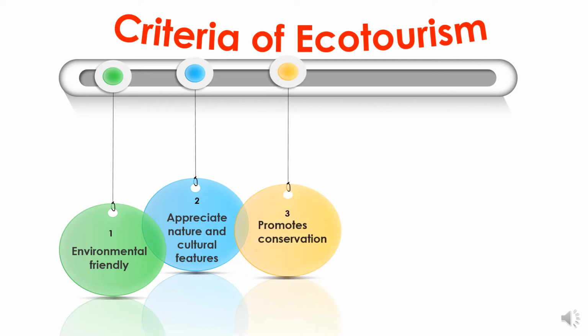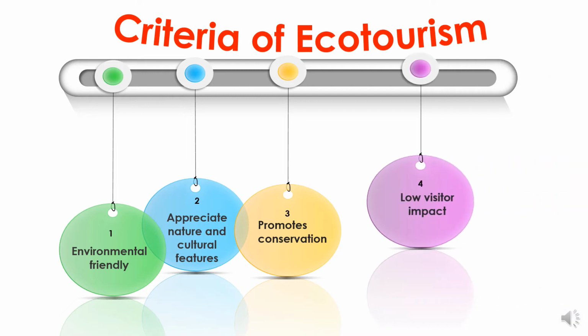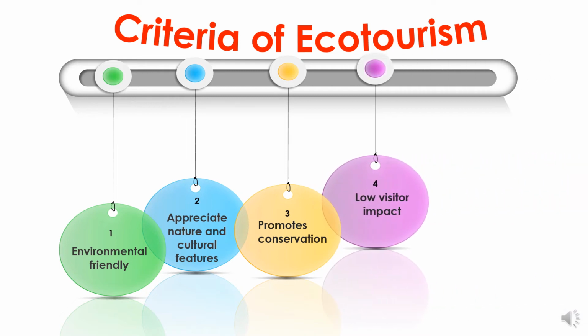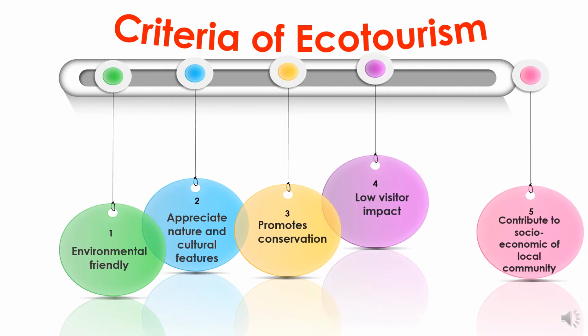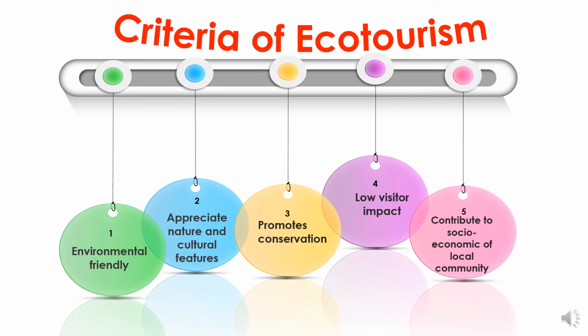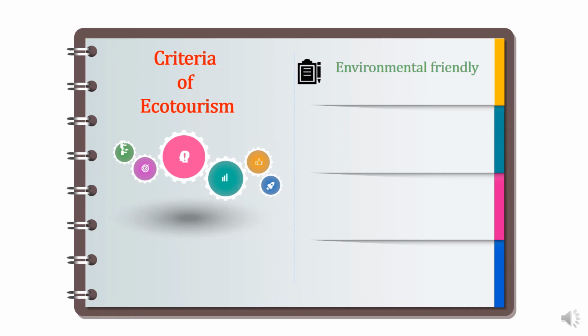Third, promote conservation. Fourth, low visitor impact. And lastly, contribute to the socio-economic of the local community. So altogether we need 5 criteria in order to maintain our ecotourism. So let's see one by one.